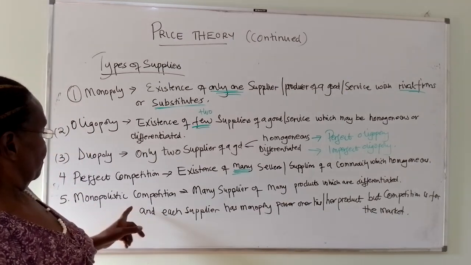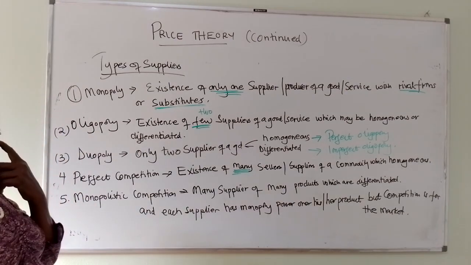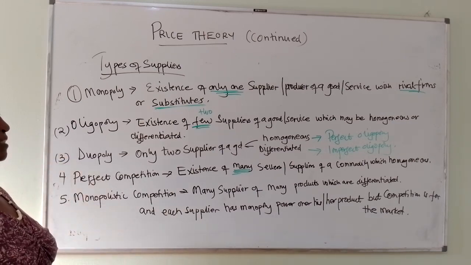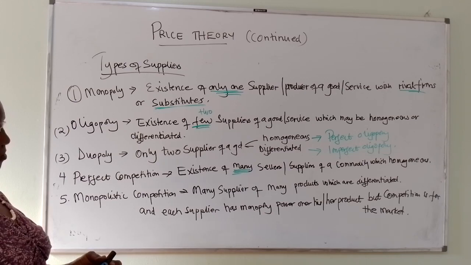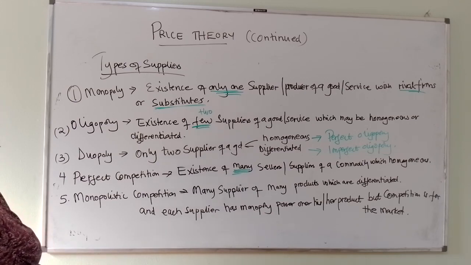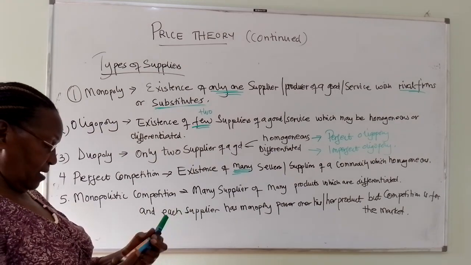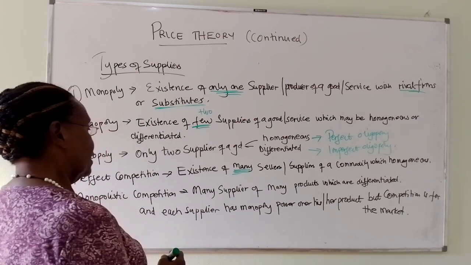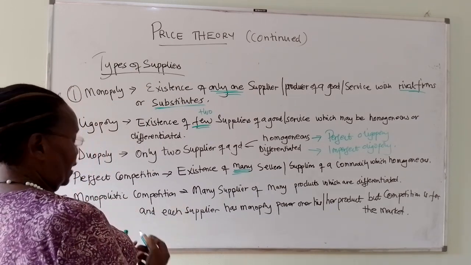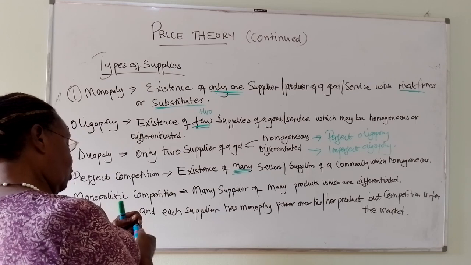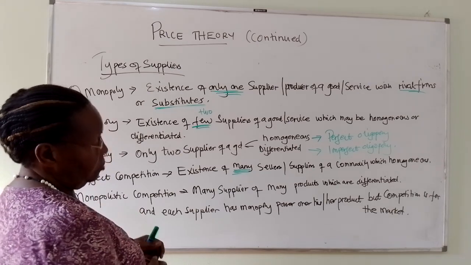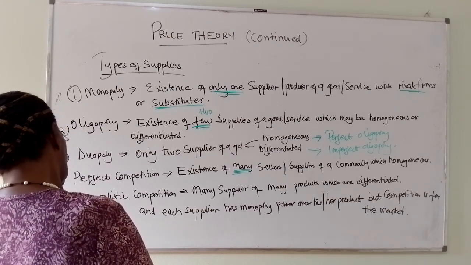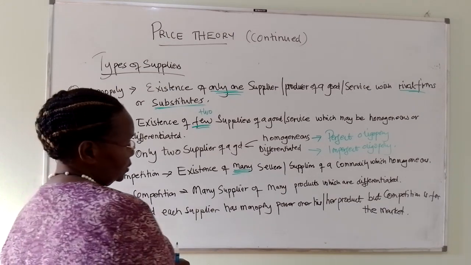So we find that under monopolistic competition, there is a high degree of advertising where the producers or suppliers try to brainwash the consumers towards the buying of their commodities after convincing them that my product is better than that one of the other competitor. So they are competing, but at least each one has monopoly power. And if somebody tries to imitate your product and sell it, you have the legal obligation to take him to the courts of law, because that's what monopolistic competition compels producers to do.